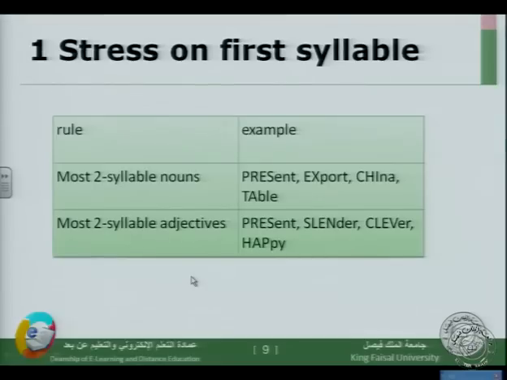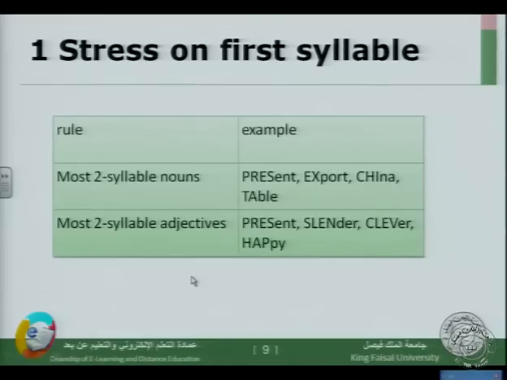You say, oh, okay, it's a noun. Well, usually most of these stressed words are content words, like verbs and nouns and adjectives. So present has 2 syllables, and the stress should be on the first syllable.